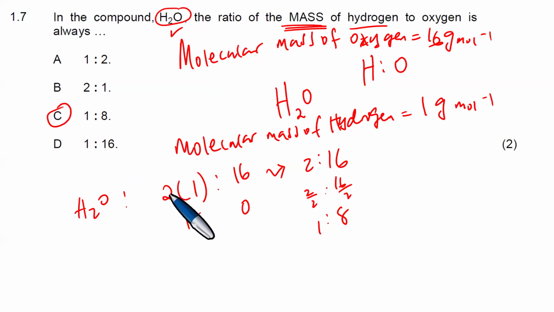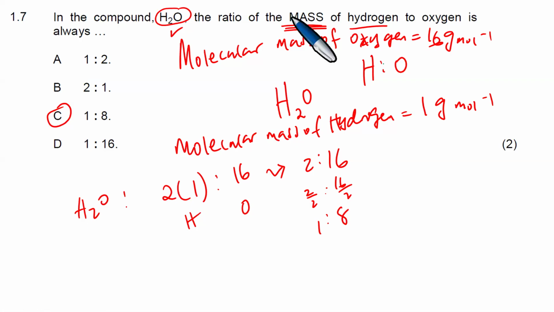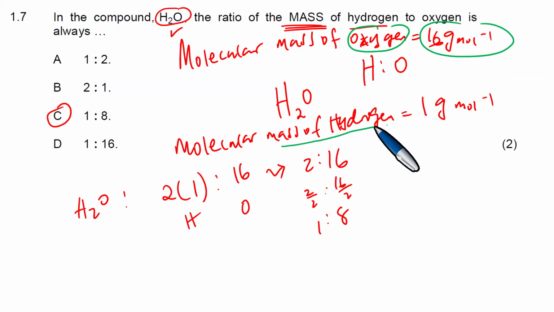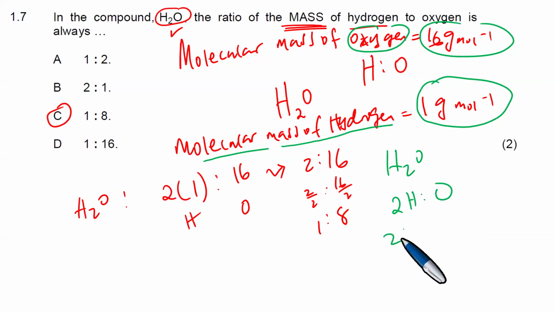We looked at the periodic table, and the periodic table is clear that the relative atomic mass of oxygen is 16, and that of hydrogen is 1 gram per mole. So now we can see that H2O has 2 hydrogen atoms to 1 oxygen atom.